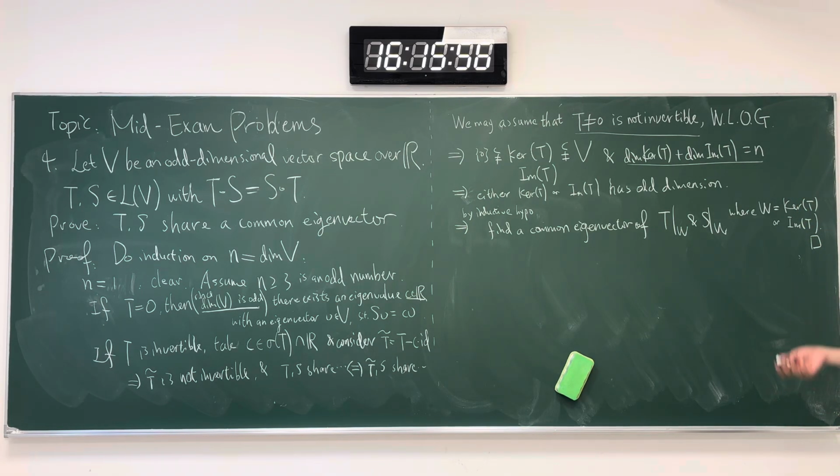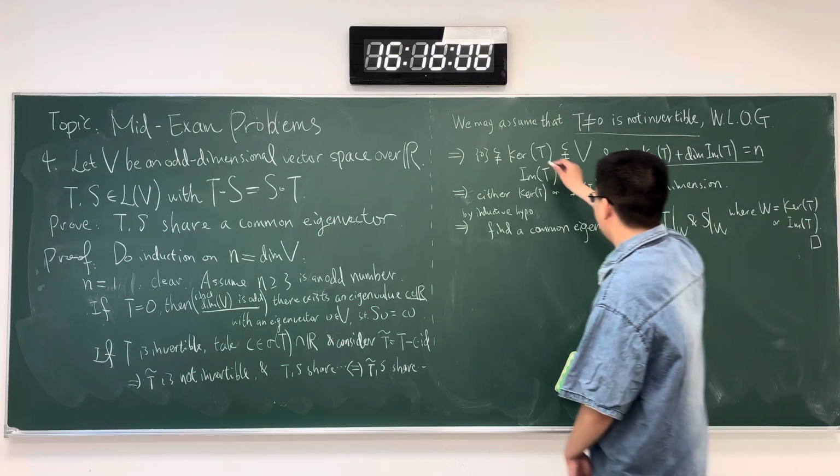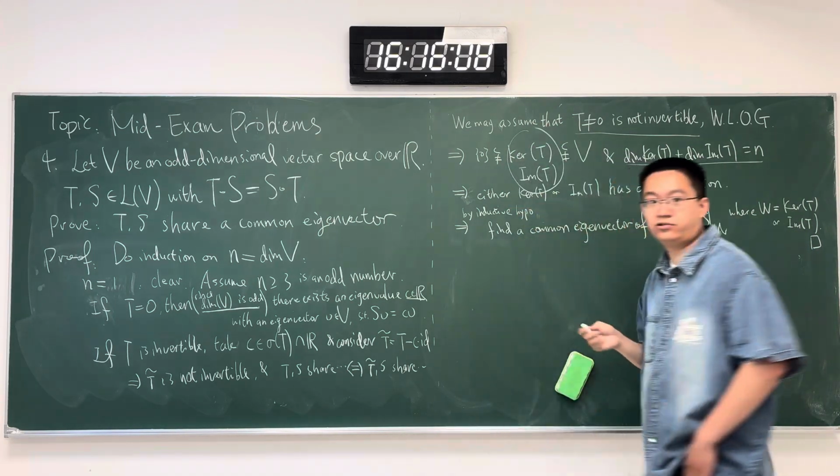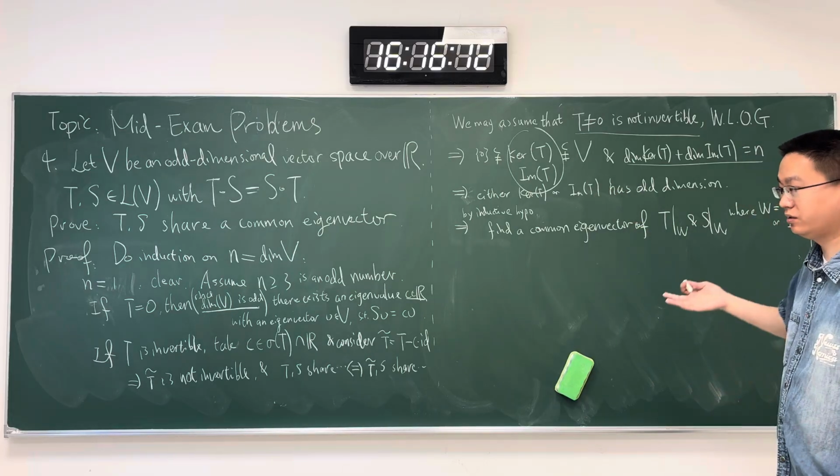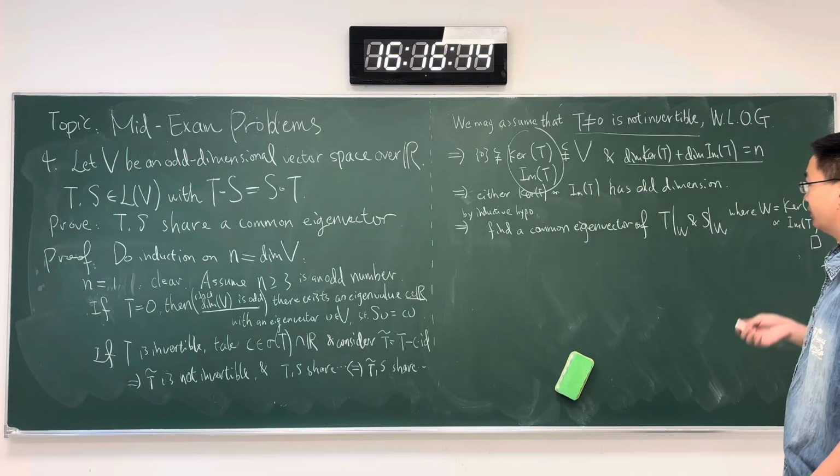Do you have any questions about it? Why do we consider the kernel of T or the image of T? Yeah, that's a nice question. Wolfgang just asked why the kernel of T and the image of T naturally appear here.